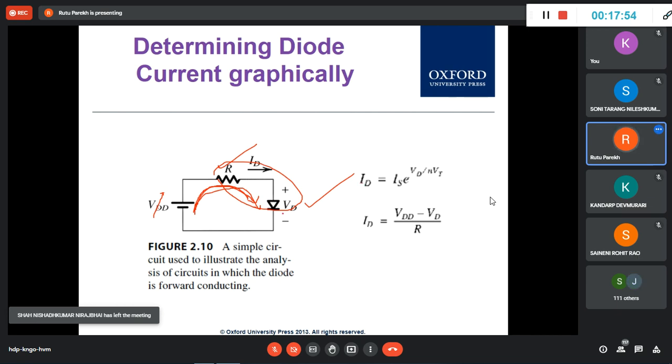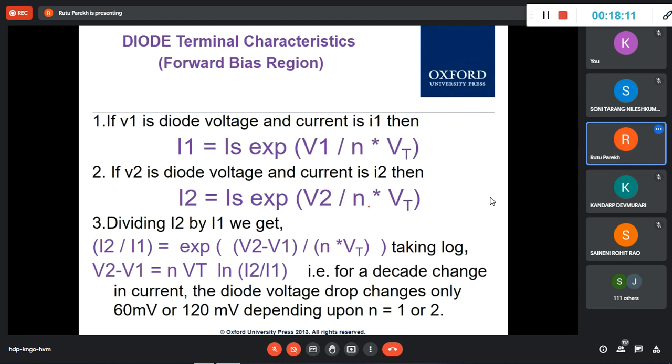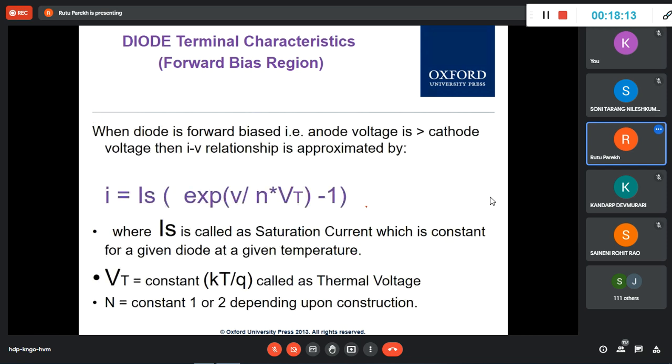So now, when this is conducting and the current is high, that exponential equation has IS, which is of the order of nanoampere. When it is conducting, this ID is very, very greater than IS. So that minus one term in that equation, this, can be neglected.